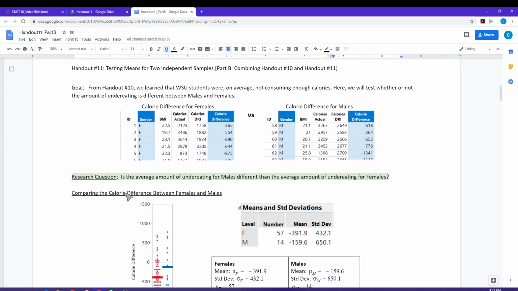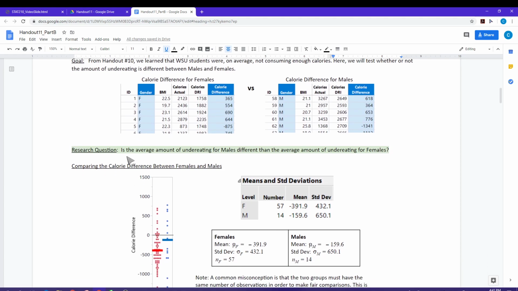So the research question being considered here is the following. Is the average amount of undereating for the males different than the average amount of undereating for the females? Can I say that I have differences due to gender in the amount of calories that WSU students are undereating?